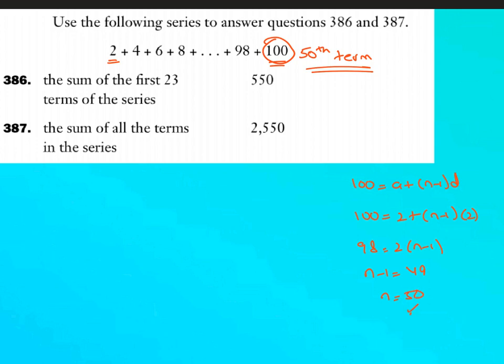This is verifying that. Now we have to find the sum of these 50 terms. So that's again a plus l upon 2, where a is the first term. The last term is 100, because we're taking all the terms, average into 50. That's 50 into 102 upon 2. That's 50 into 51.